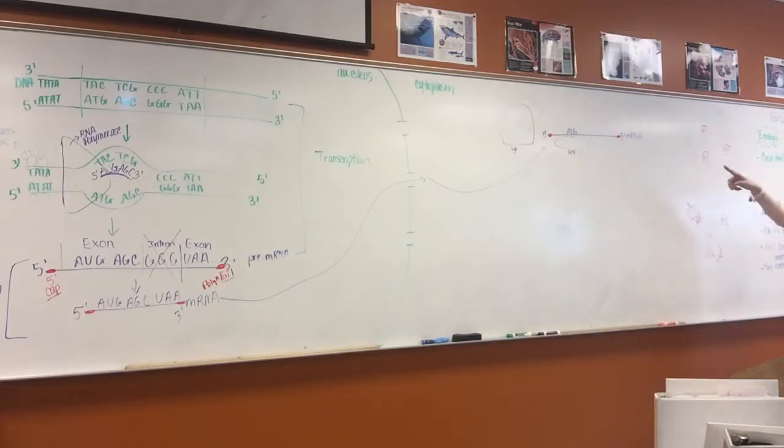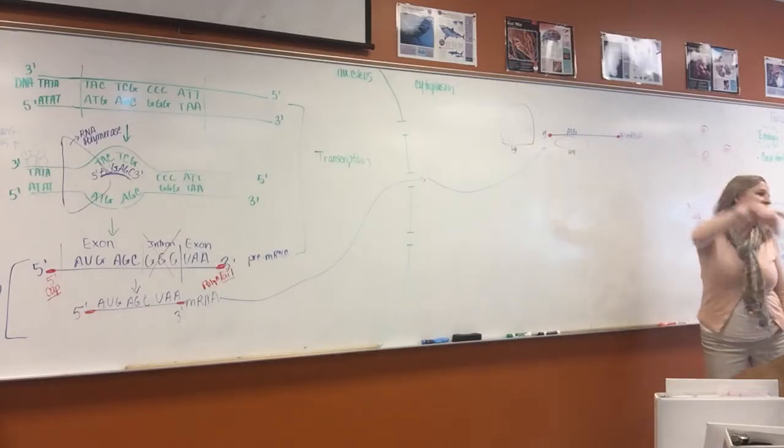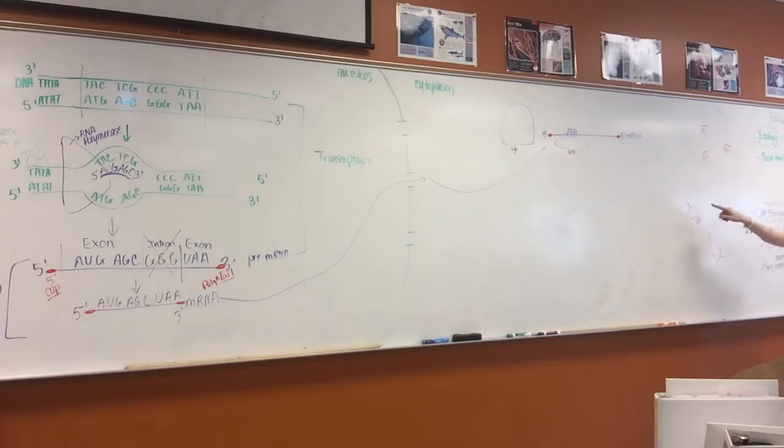The reason why, when we look at our chart, AUG stands for methionine is that this particular tRNA can only match up and bind with methionine.